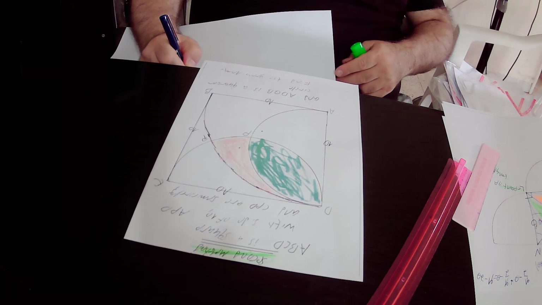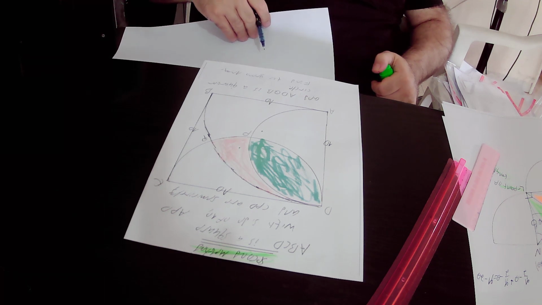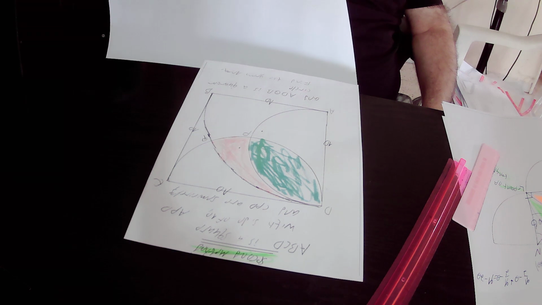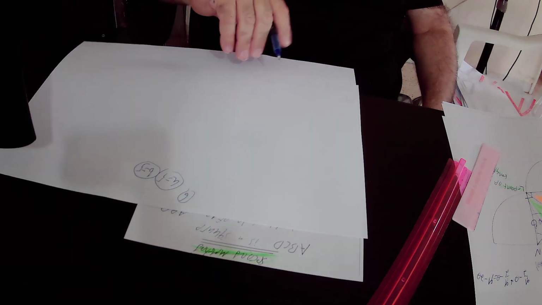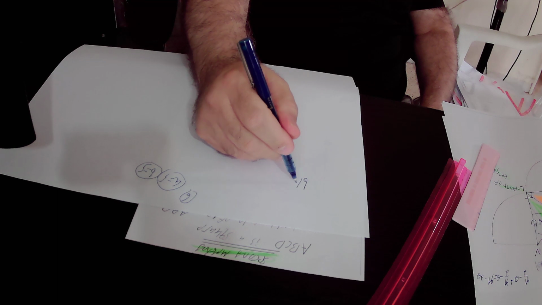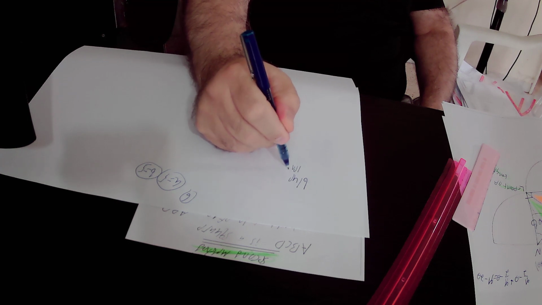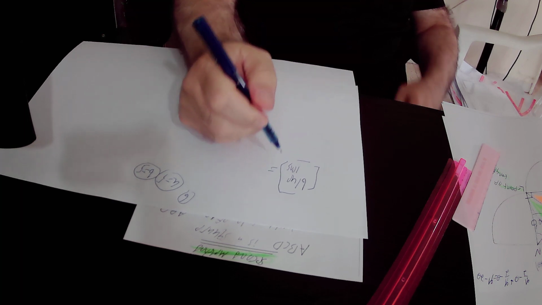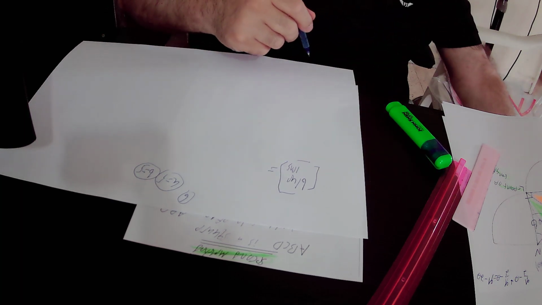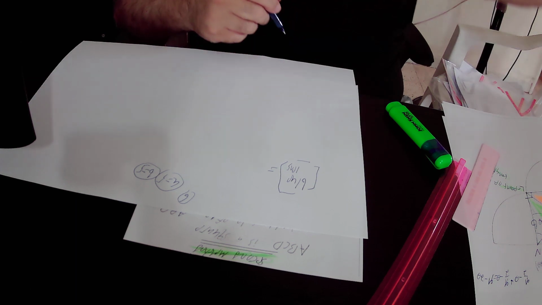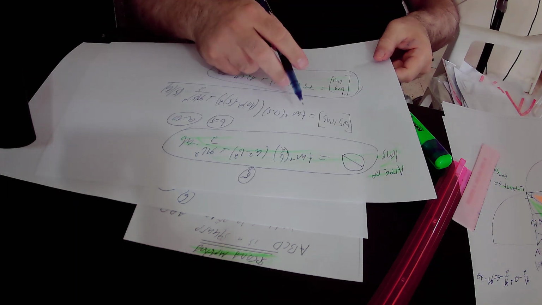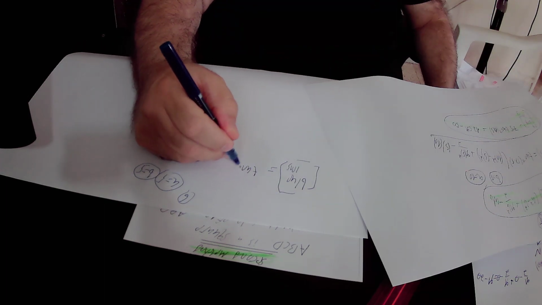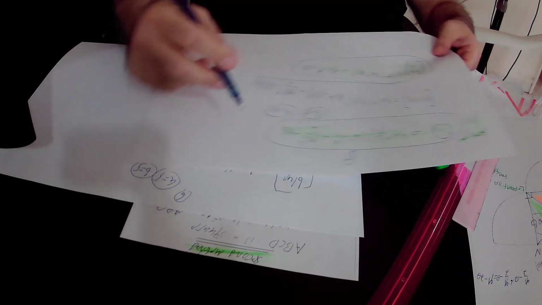So we just have to put the values of A and B in the general formula for the area of a lens, and we will find out the area of the blue lens. So the area of the blue lens will be equal to, according to this formula, tangent minus 1 of b over a.